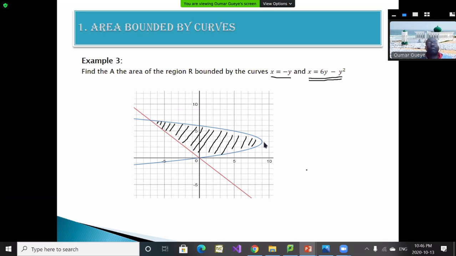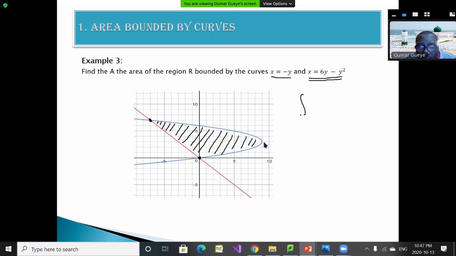To find it, we have to find the intersection points here and here. But since my functions are in terms of y, I only need the y coordinates of the intersection points. I don't need the x coordinates because my functions are in terms of y. It means my integral is going to be in terms of y.